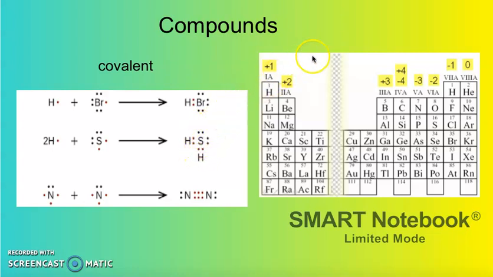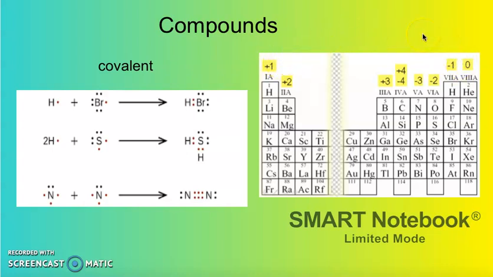Now if we look over here at the top highlighted, we have the ionic charge. You remember that all of these tend to lose their electron, and that would leave them with a charge of +1. And it makes it easy for us to see what kind of bonds we will have. For example, the H is in the +1, the Br is, what I should say, in the -1.